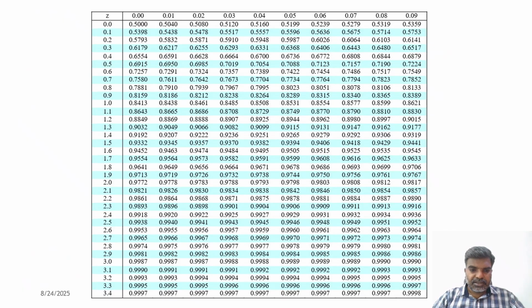Now we will see how to choose the values from the table in the last example. See, in the first case it is given 0.31.